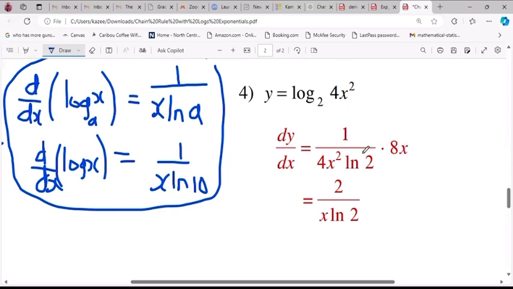Then divided by whatever you see here, 4x squared, we write it out. Then the ln 2. That's super cool. Now I'm just going to simplify: 4 goes into 8, x cancels, then I have this as the final answer. So we're making use of the law.